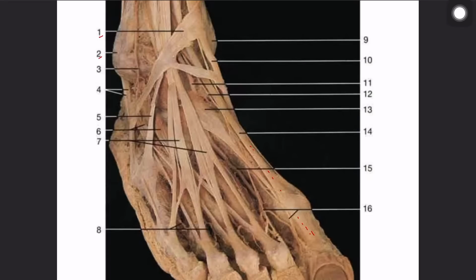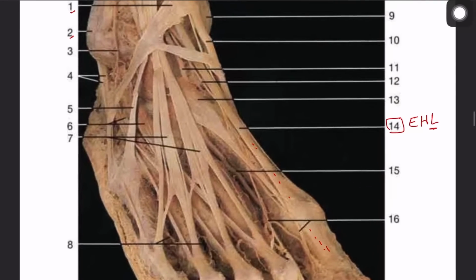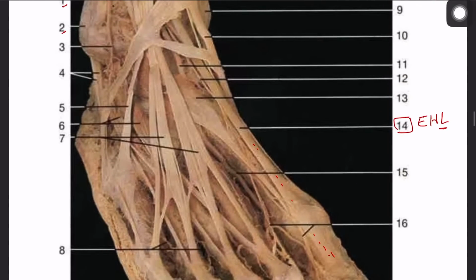This muscle, number 14, will be the extensor hallucis longus. As long as there is a longus muscle, there should be a brevis as well. This tiny bit, coming from the foot and going to the big toe as well, would be the extensor hallucis brevis, number 13.